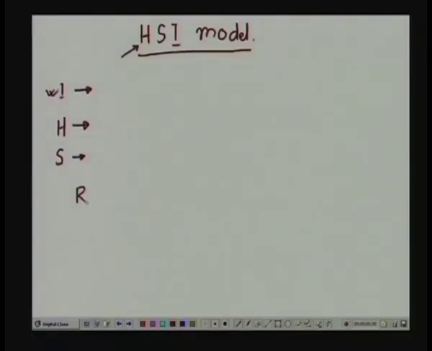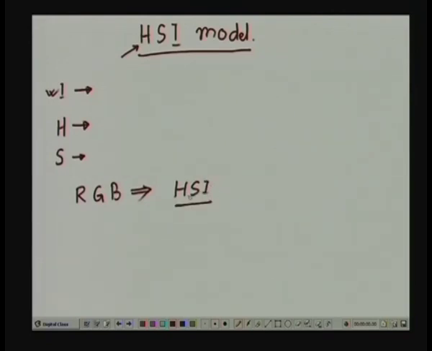Now, the given problem is: given a color in RGB space, can we convert that to HSI space?